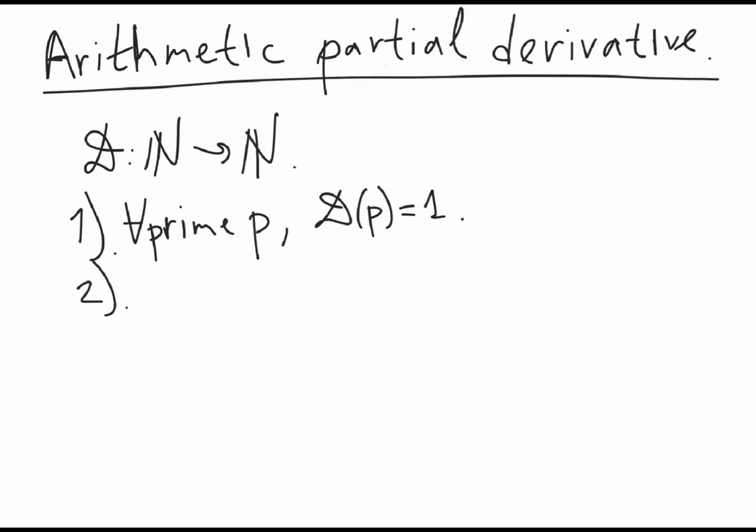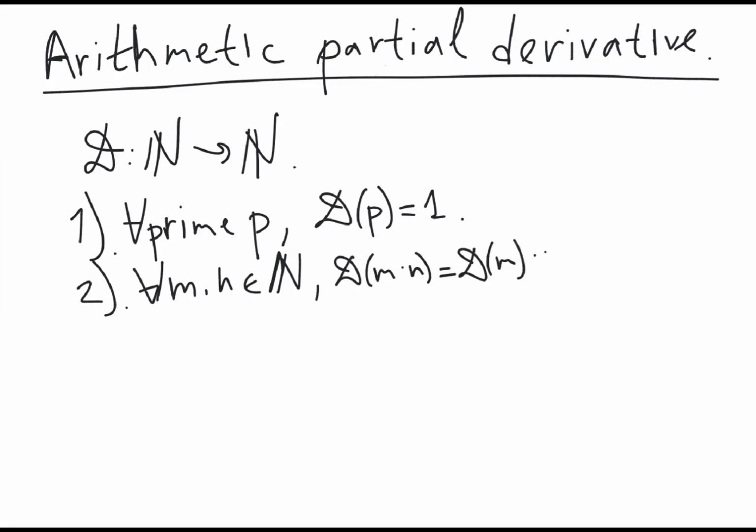And second is the product rule. For any two natural numbers m and n, we have d of m multiplied by n is equal to d of m multiplied by n plus m multiplied by d of n.